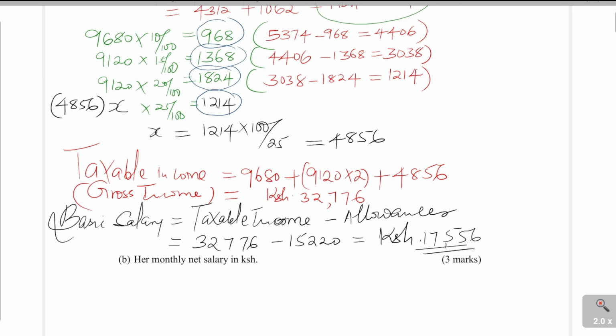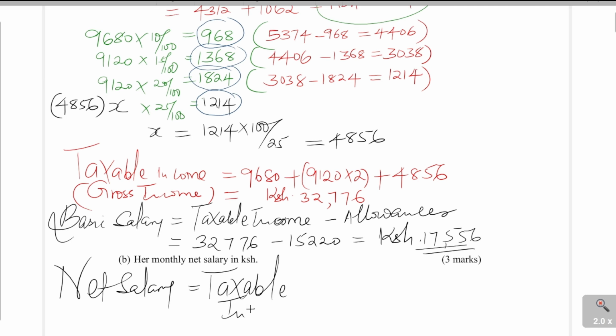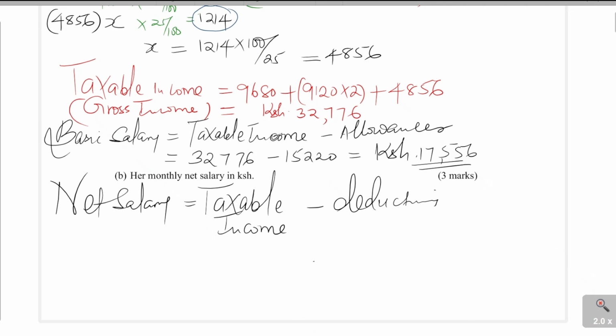Part B, her monthly net salary. So how do you get the net salary? By taking the taxable income, then subtracting all the deductions. The taxable income we already have as 32,776.